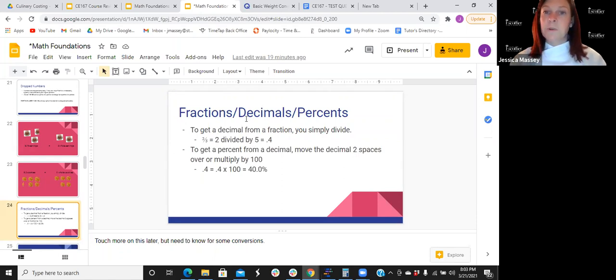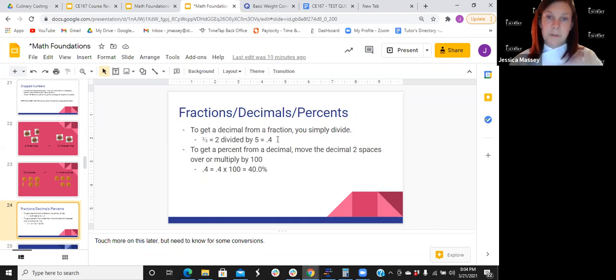Covering fractions, decimals, percents briefly. If you don't know this, I encourage you to take a quick picture of this, because this is literally all you need to know for fractions, decimals, percents. When you see a fraction, you should just know that top number divided by the bottom number. That slash sign is a divide symbol. You'll get a decimal.